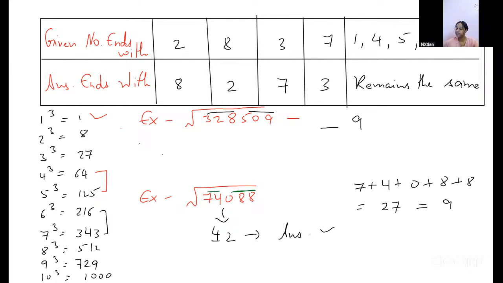Did we do the digital root right? Yes, 8 plus 8 is 16. 16 into 2 is 32. 32 plus 3 is 35. 3 plus 5 is 8.